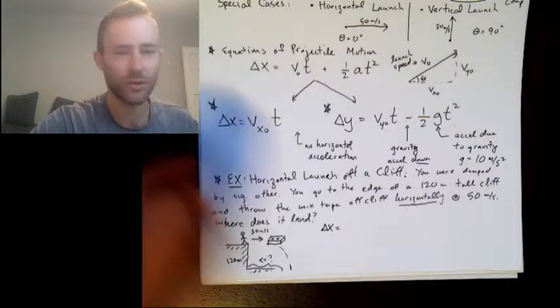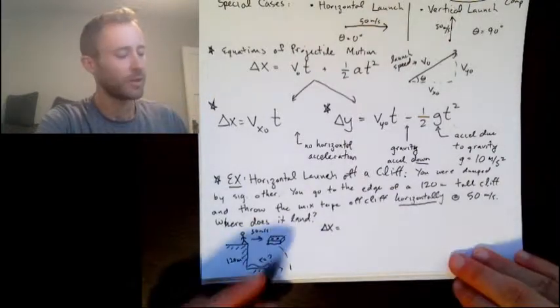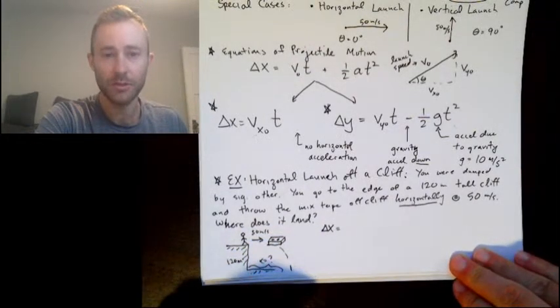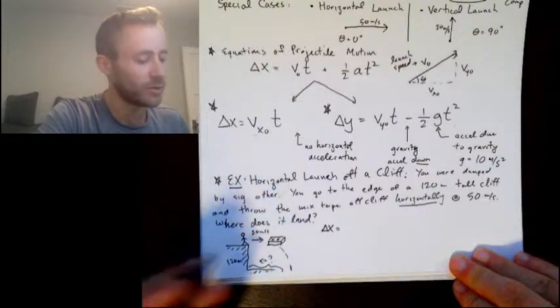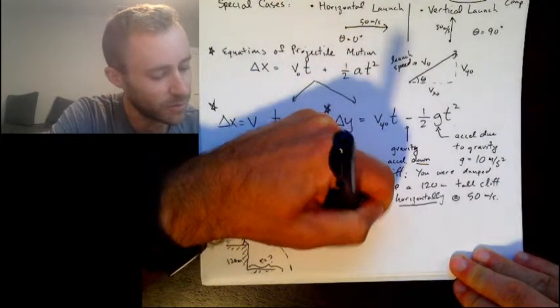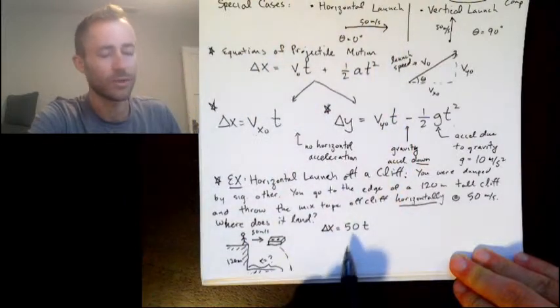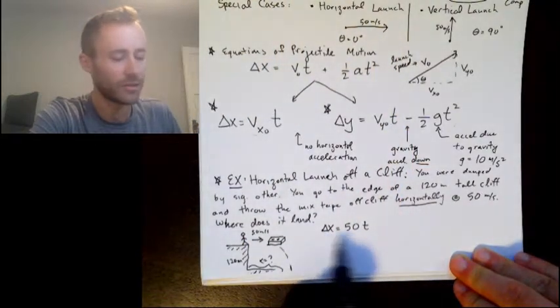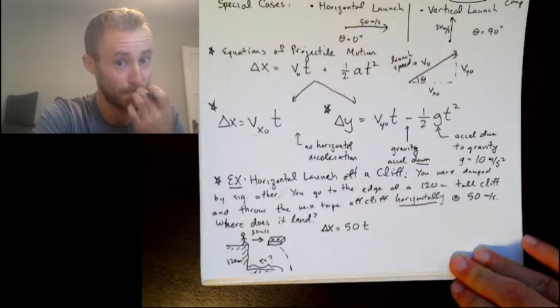Of course, after you release the mixtape, it's going to acquire a vertical velocity because of gravity, but it starts out with all of that velocity being horizontal. So that's delta x equals 50 times time.